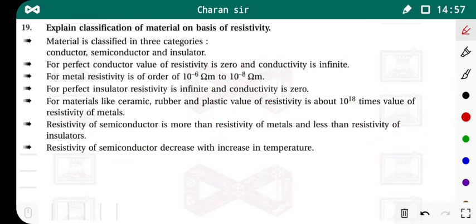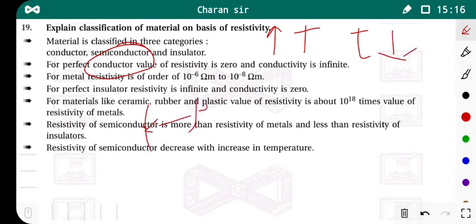And we also found that when we increase the temperature, the relaxation time for conductors decreases. That means there are more collisions between electrons in very short times.